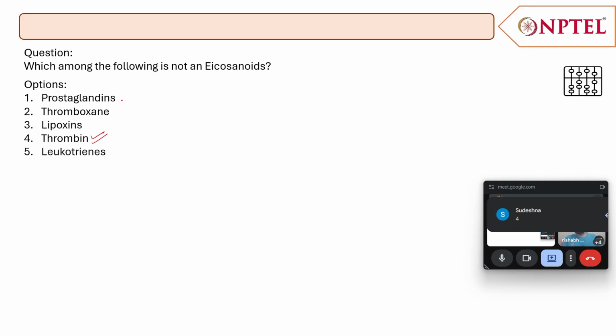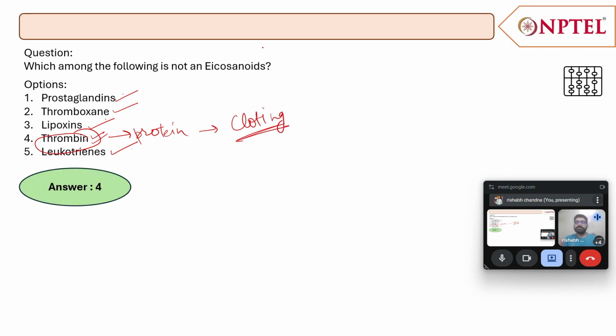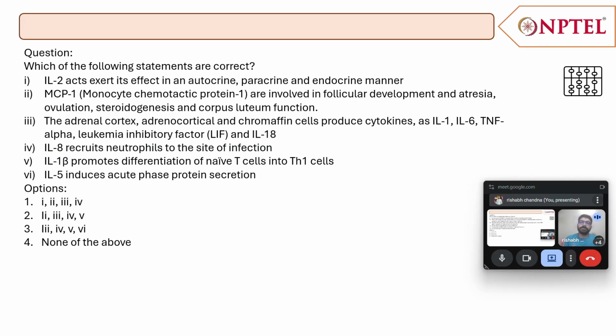So the options are prostaglandins, thromboxane, lipoxins, and leukotrienes. So these four are the eicosanoids. Thrombin is a protein that is mainly involved in clotting. Okay, so the correct answer is option number 4. Okay, so let's move on to the next question.